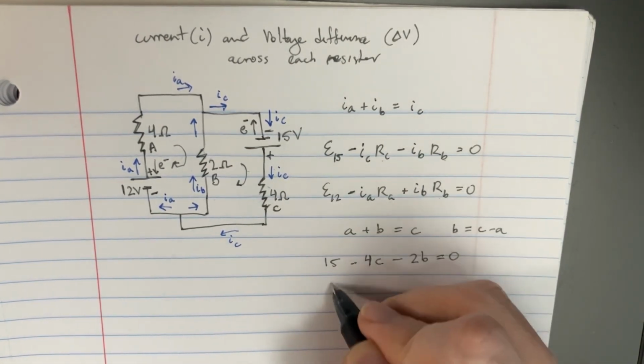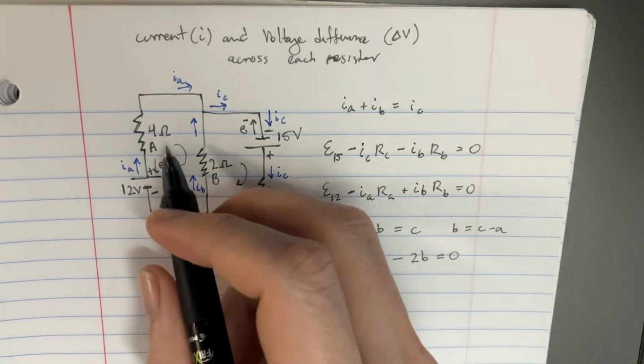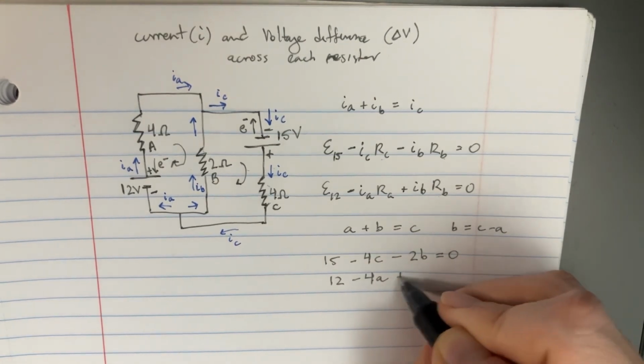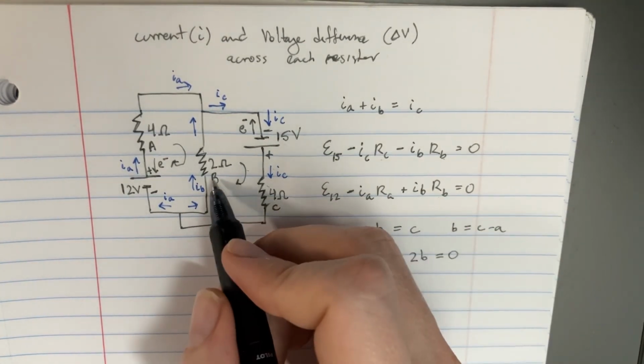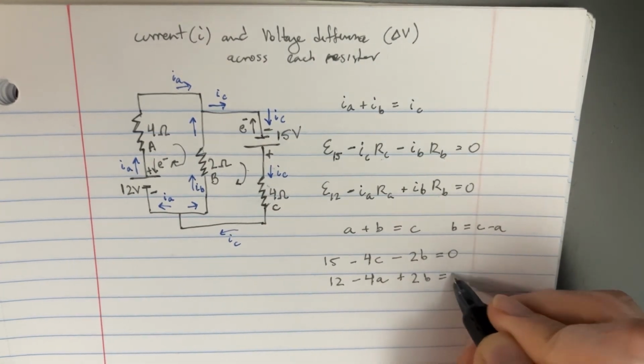And then this next one will be 12 minus RA is 4, we'll call it A, plus RB is 2, we'll call that B, equals 0.